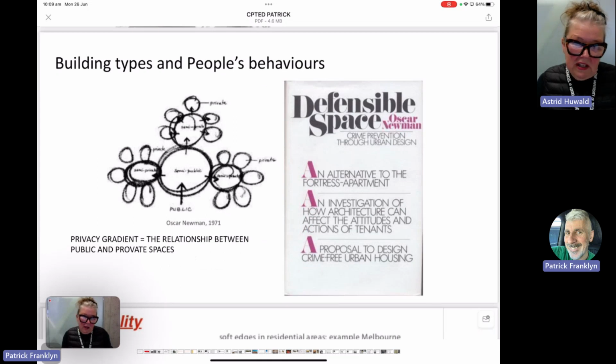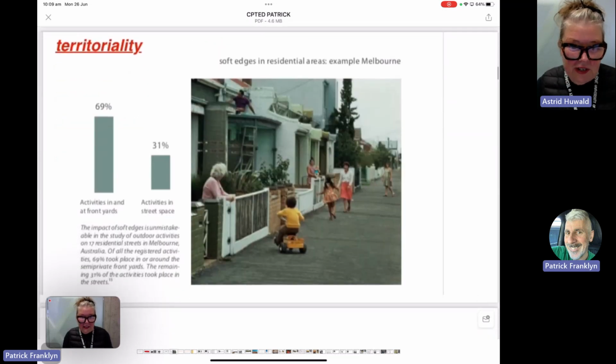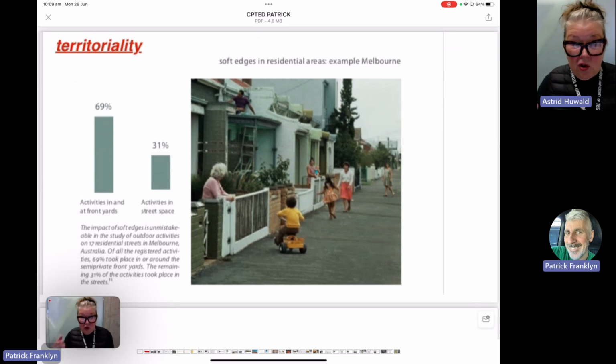a famous book in the 1970s, Defensible Space, and this idea of territoriality, that people feel safe. Here's a street in Melbourne, it could be in Surrey Hills. I hear on your site you've got a lot of backyards facing onto it, so it's the opposite of this, what we call a soft edge. People feel safe in spaces that are places, and in streets where they feel the community has some sense of ownership.